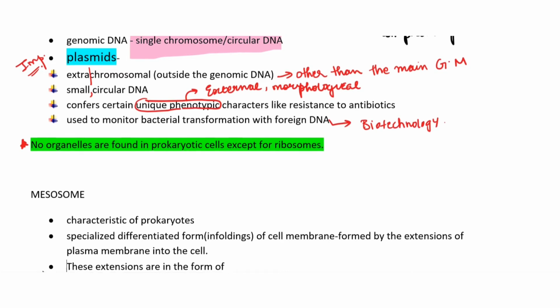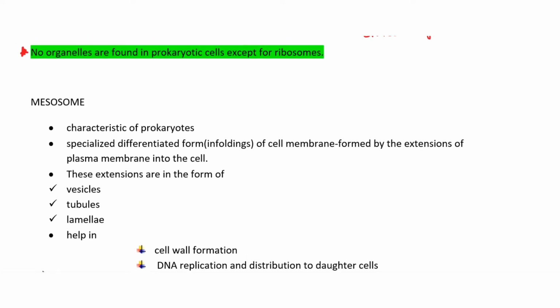And I'm repeating this point again because it's extremely important that no organelles are found in prokaryotic cells except for ribosomes. Now prokaryotic cells also have a special feature in them, which is the mesosome. It is a characteristic feature of prokaryotes. It is a specialized, differentiated form. It forms the infolding of the cell membrane.